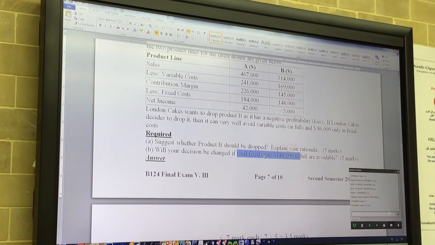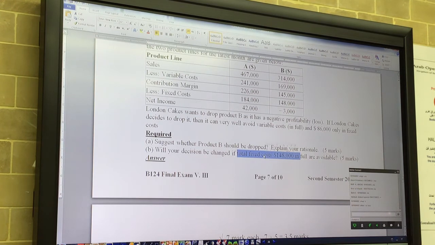So what is the rule for your decision, drop or do not drop? How can you decide whether we will drop or not drop? The decision will depend on a comparison between the revenue lost and the cost saved.